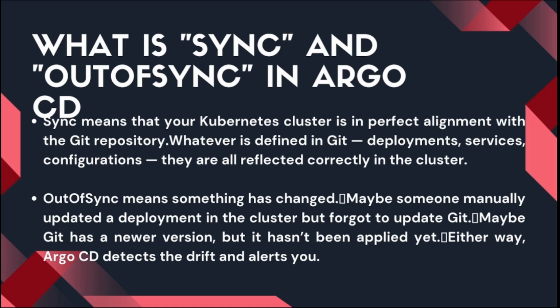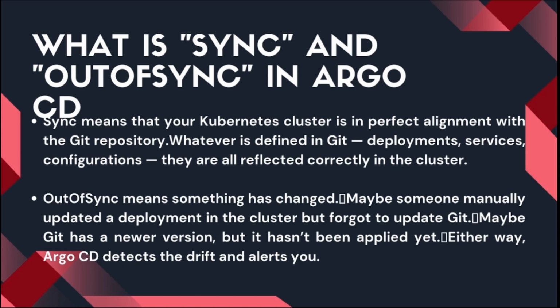So sync means that your Kubernetes cluster is in perfect alignment with your Git repo. Whatever you define in Git, deployments, services, configurations, they are all reflected correctly in the cluster. So that is called sync.